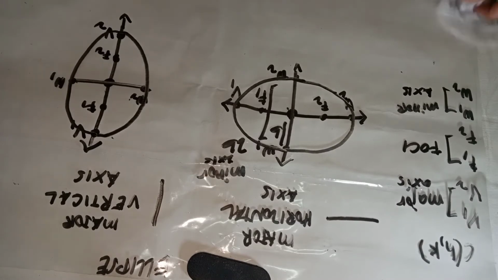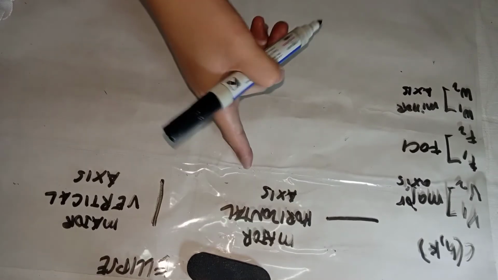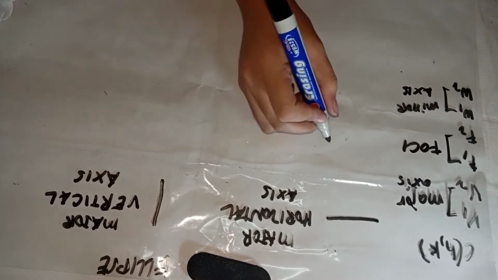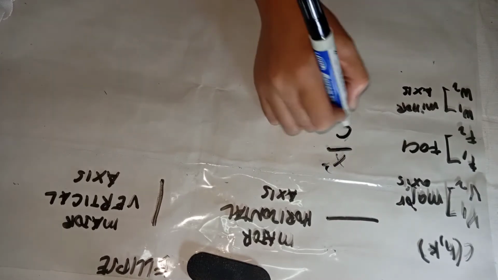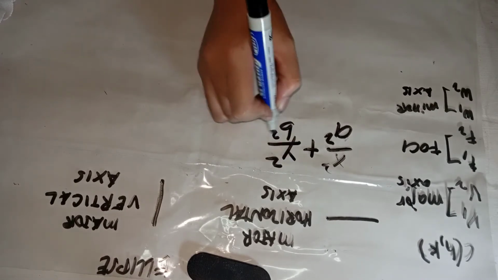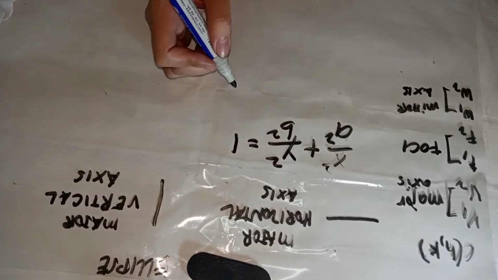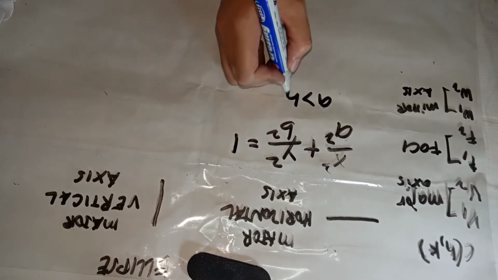So let's have the formula of the horizontal and then the vertical axis. So, okay, the formula of the major horizontal axis is x squared over a squared plus y squared over b squared is equals to 1, where a is greater than b.